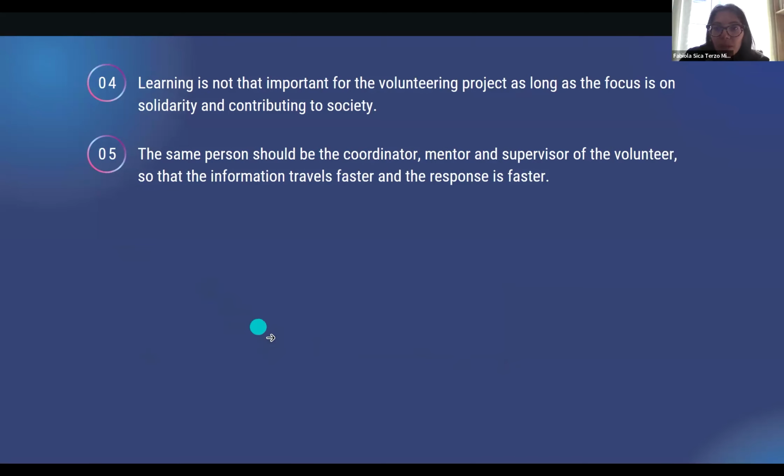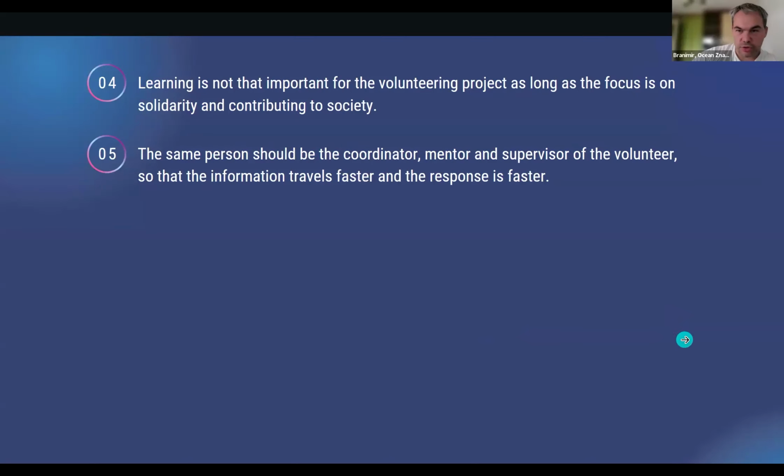The mentor, for example, should be someone who is not in the organization, so that he can support the volunteer not only with the tasks and activities, but also, for example, with knowing the local area and familiarizing with other young people, and so on and so forth. Thank you, Fabiola.